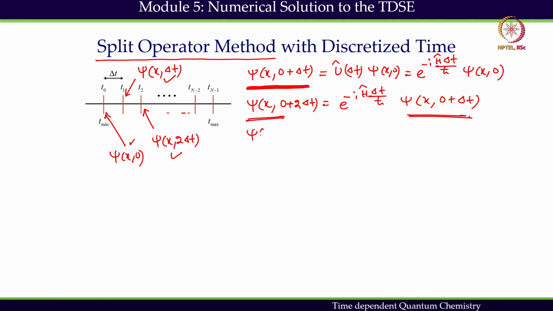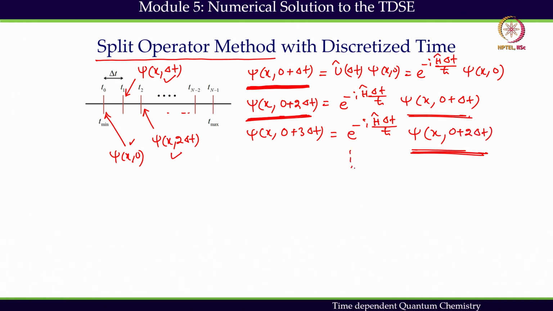Similarly, I will be able to write psi x, 0 plus 3 delta t as e to the power minus i H delta t by h cut acting on psi. In this case, this wave function would be my initial wave function for the third step propagation, which is going to be x, 0 plus 2 delta t, and so on. In this way we can propagate.